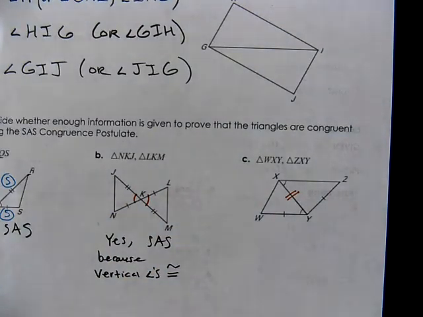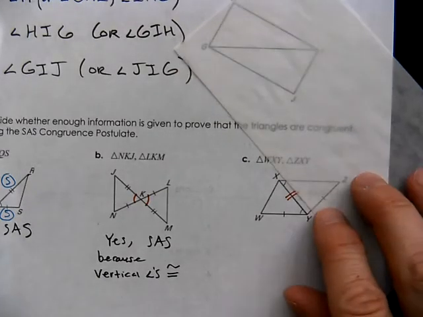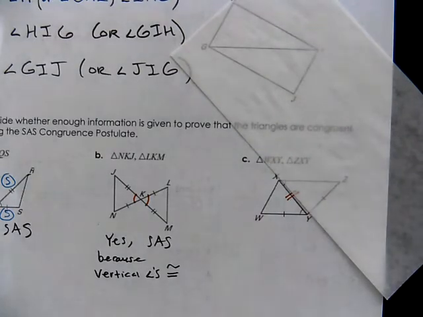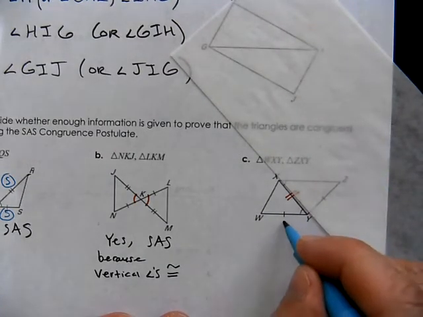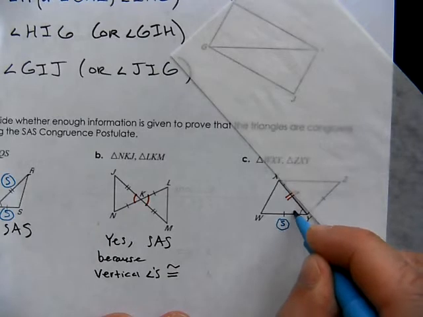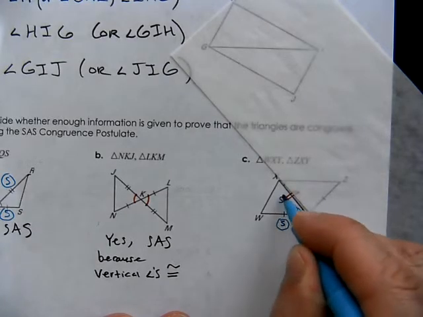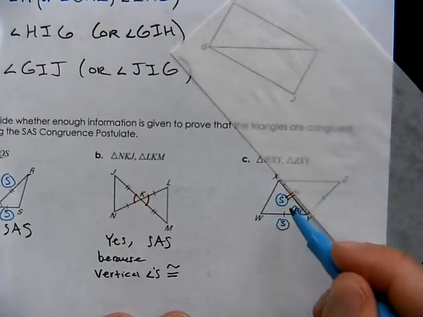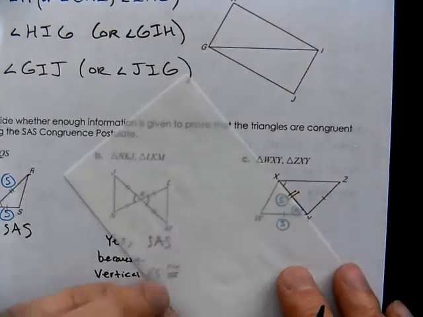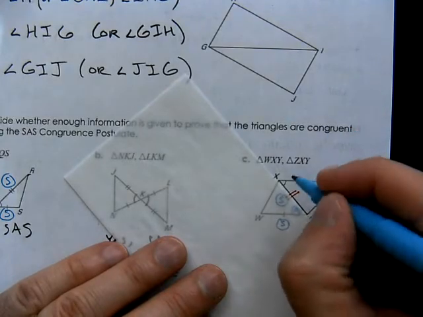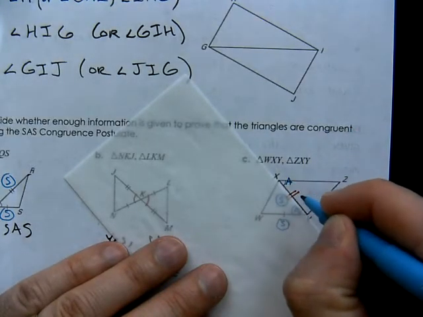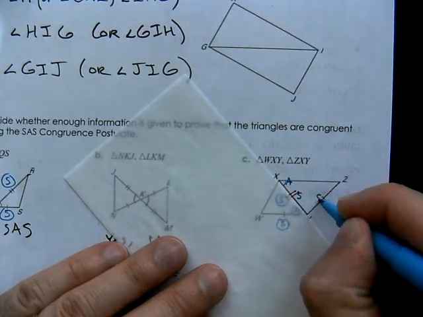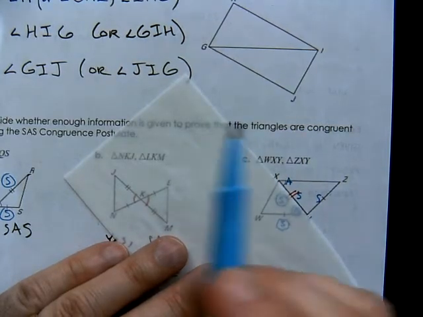And so you might say, hey, we've got all the markings, but remember, you have to check to make sure of the pattern. So if you check the left-handed triangle, notice that we have a side-angle-side pattern. That looks good. That's what we want. We want a side-angle-side pattern where the angle's between the two marked sides. But if you check the right-handed triangle, you have an angle-side pattern, which is not the pattern we're looking for.